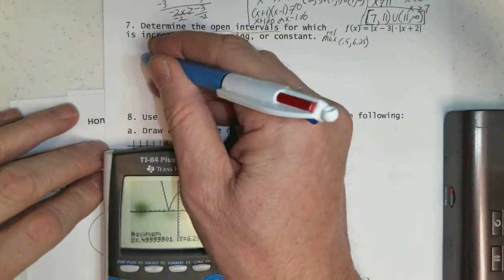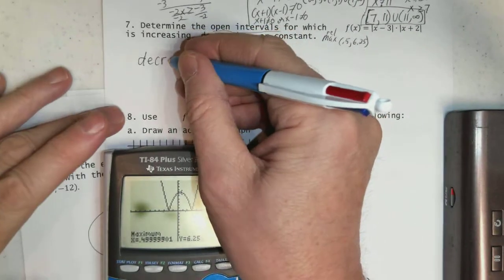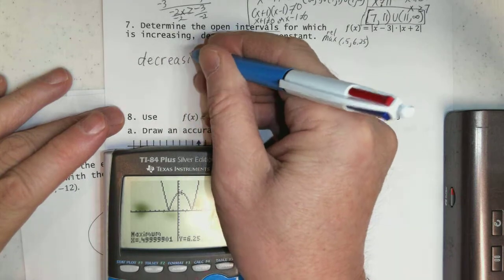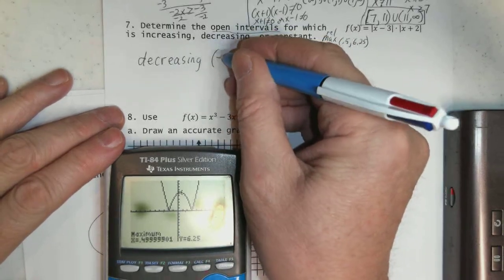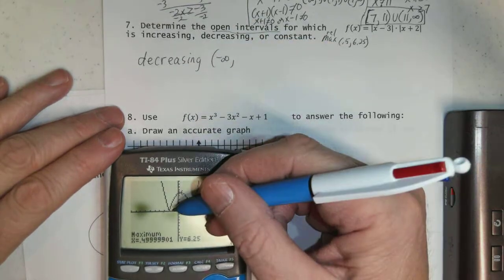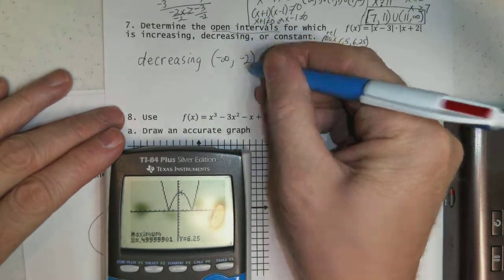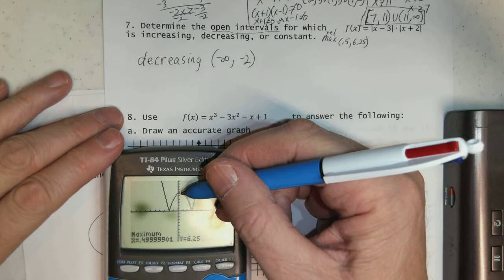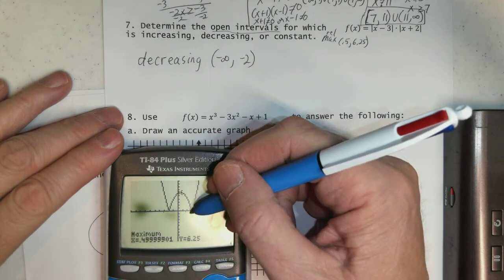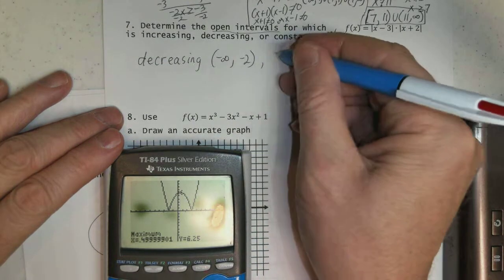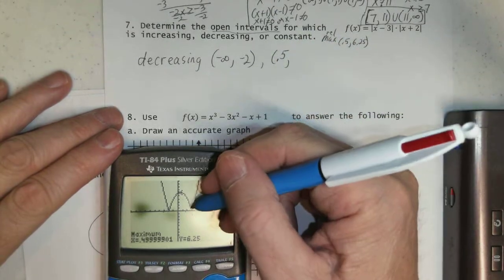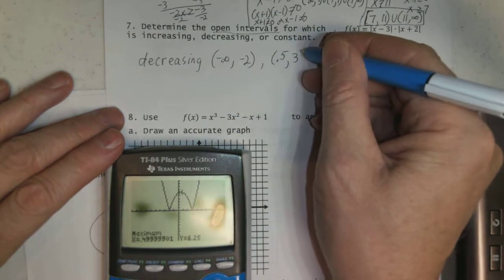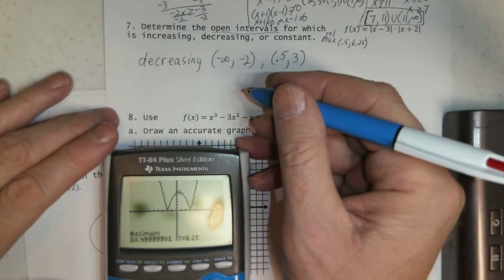So decreasing. Let's start with decreasing because that's from left. It's decreasing first. And on x, I'm going to go negative infinity to negative 2. Now, also from this point to here, which is 0.5 to 3, it's decreasing.